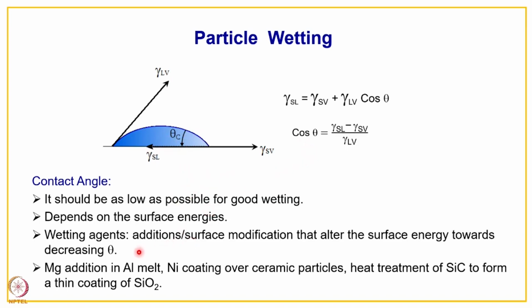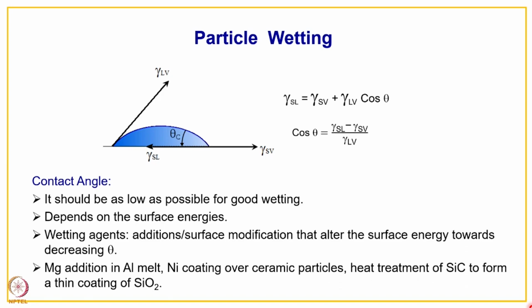And as I said, you might have a ceramic surface which is not good for wetting with liquid aluminium, and therefore if you add those kind of ceramic material, chances are bonding will not be good. Okay, so you will have to modify the surface and make it conducive for aluminium to wet it.